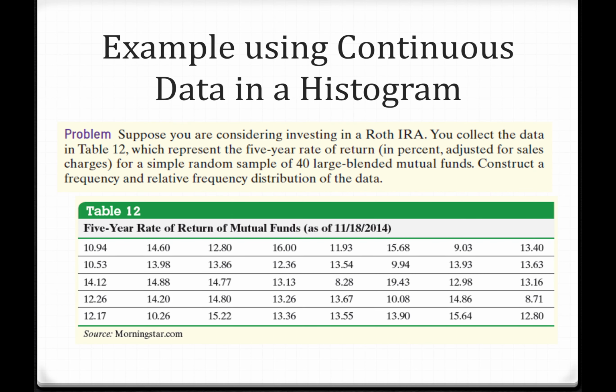So if we were given this data based on Roth IRAs, there's a lot of numbers here, but it wouldn't be convenient to make a discrete value for each of these because there are so many different ones that it'd be really hard to graph all of this on a histogram in individual spots. So we can group them and clump them together based on how far apart they are.